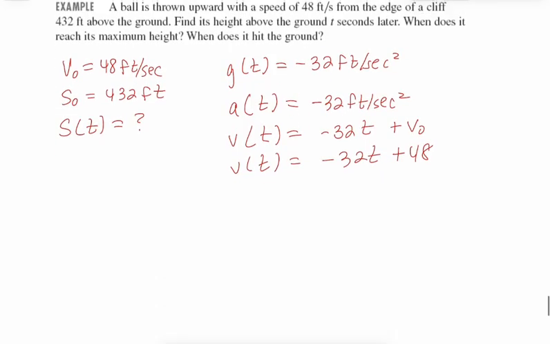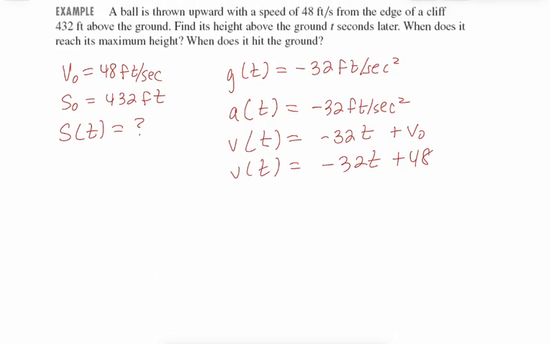Now let's talk about the position. We're going to go backwards again. So we've got negative 32t squared divided by 2, which is negative 16t squared, plus 48t plus our initial position. Oh, I'm sorry. That's position.